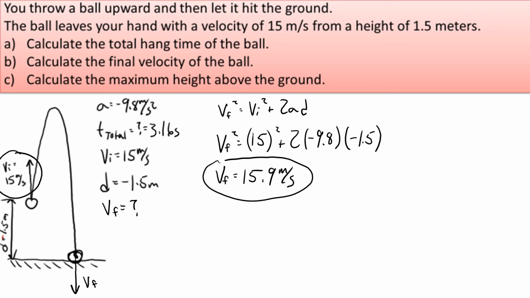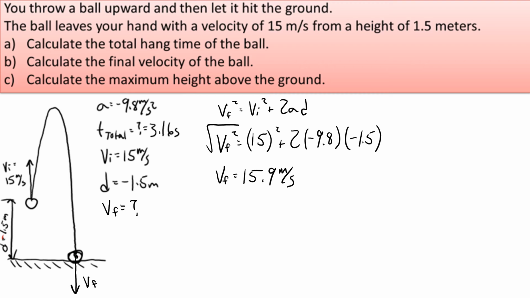And then you ask yourself, does it make sense that my final velocity is greater than my initial velocity? We could ask that question first. And we said, yes, the magnitude of the final velocity should be greater because it has more time to continue to accelerate and get faster. However, look at the direction of this vector. Wouldn't you expect to get a negative number? Yeah, well, when you did the square root, your calculator was just like, you probably want the positive number, right?